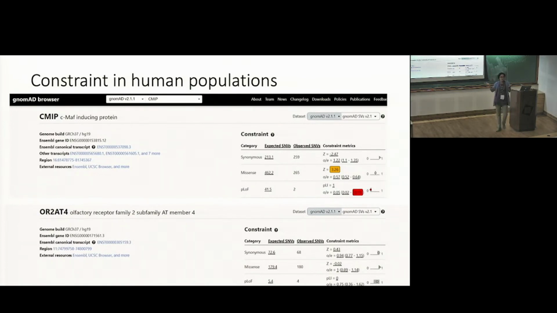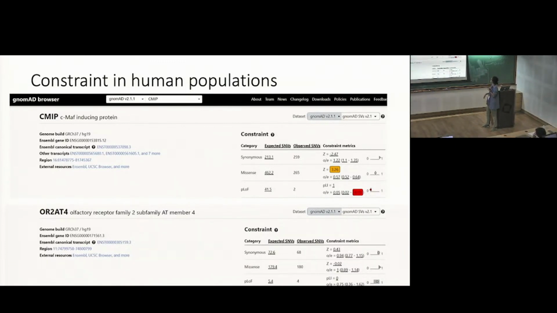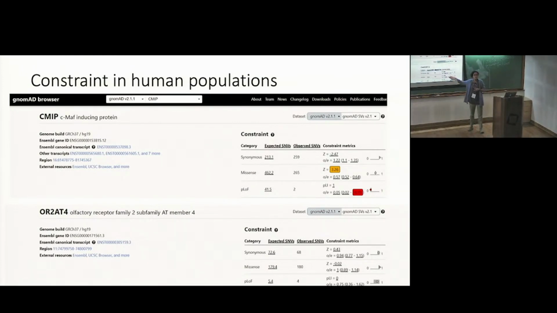No one contests that they have some kind of function, but they're unlikely to have a severe function, which is why you observe about as many synonymous variants as you expect. The observed divided by expected is slightly higher than 1, but close to 1 for both sets of genes. Here it's 1.22, here it's 0.94, but the confidence intervals are overlapping 1.